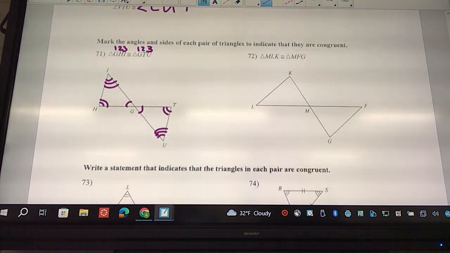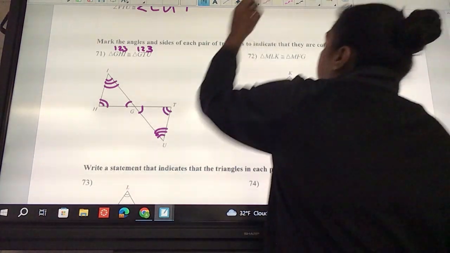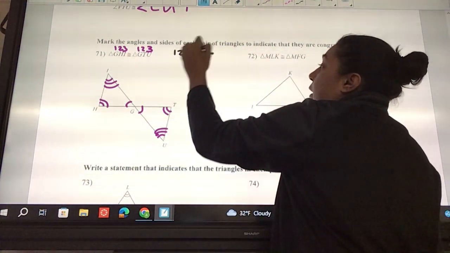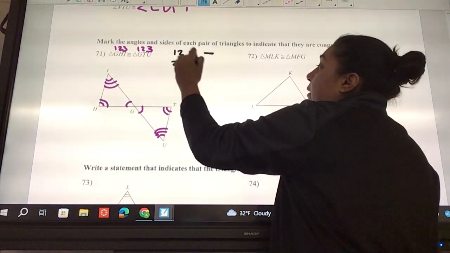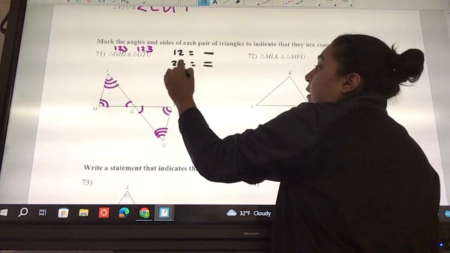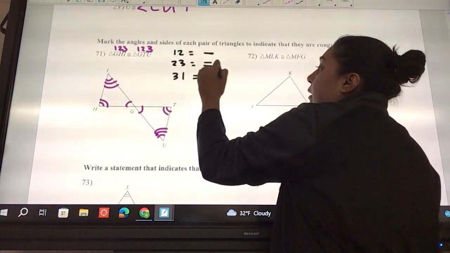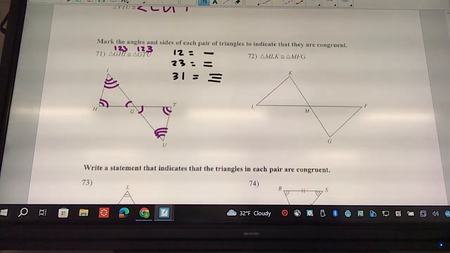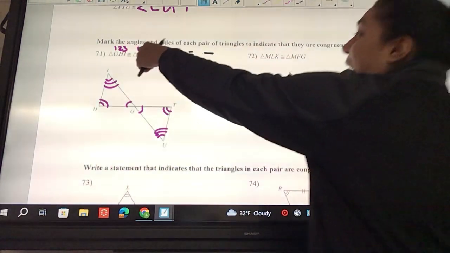Okay, and again, I'm going to write this note, I think it helps some of you. Number 1 and 2 get 1 marker. Number 2 and 3 get 2 lines. And number 3 and 1 get 3 lines. So if we look at number 1 and 2, that's GH.